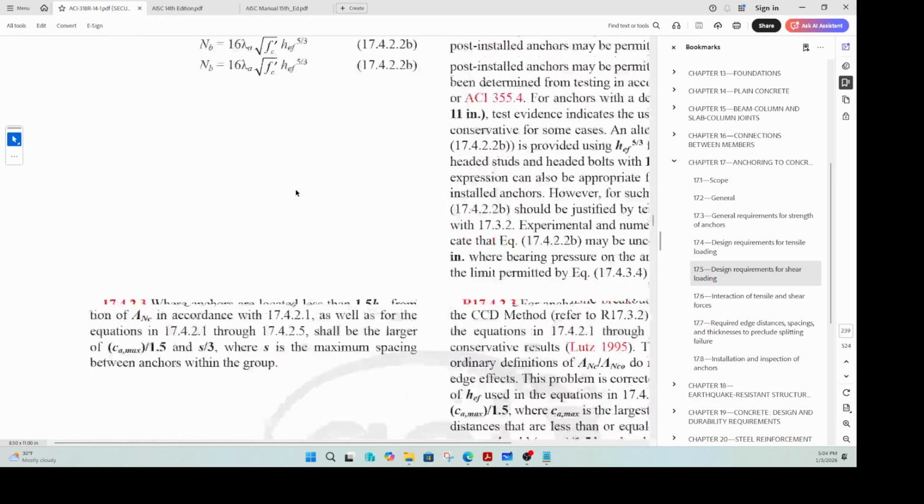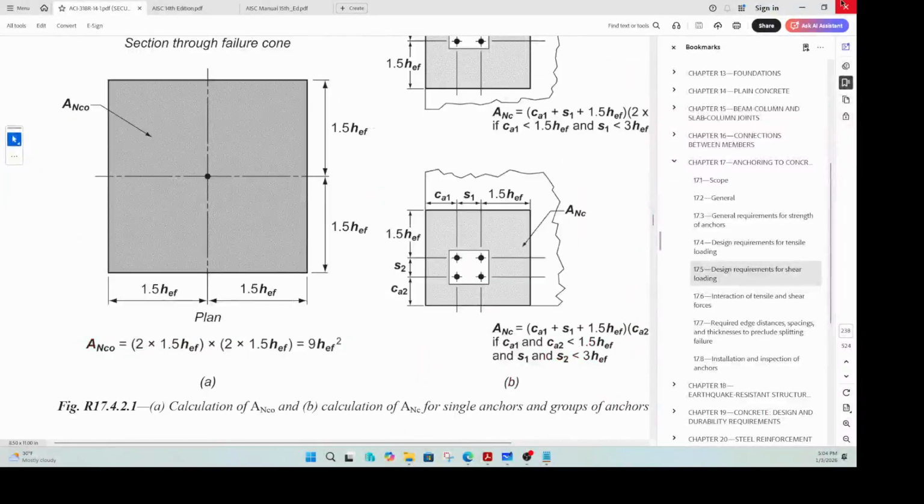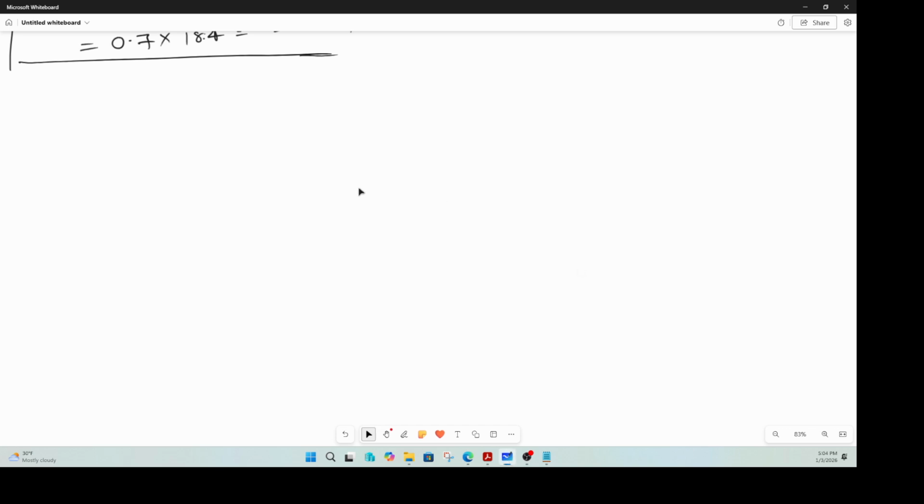All right. So let's transfer all this into our canvas and then see where we are at. Okay. So let's calculate the basic strength. Let's start with Nb. Nb is Kc times lambda a times root of Fc prime times hef to the power 1.5, correct?